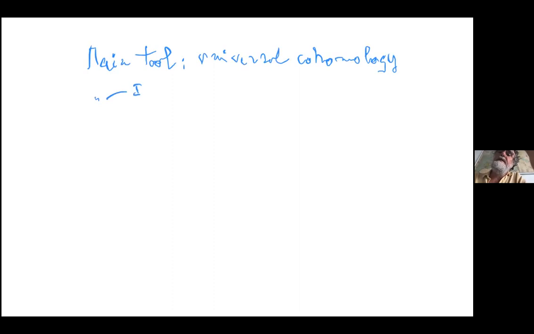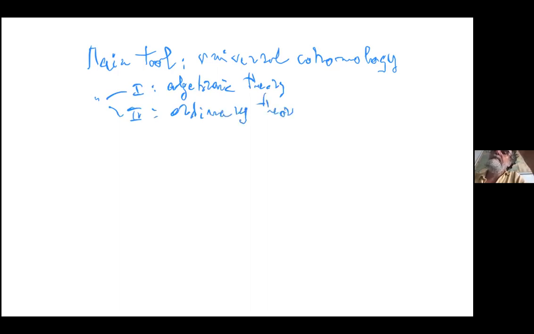The first is some algebraic theory. The second is what we can call ordinary theory. And the third is something which involves duality, so I would call it duality theory.